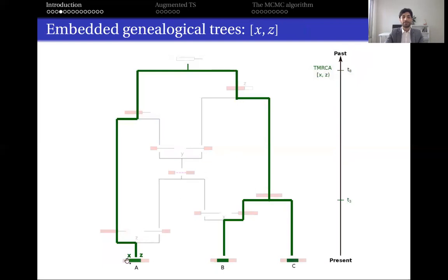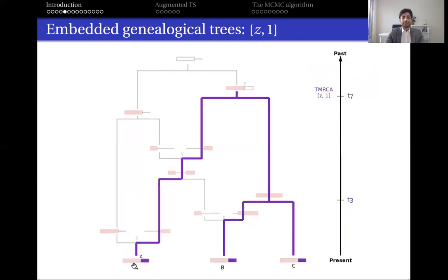For example, this is the tree for segment X to Z that says B and C first coalesce at T3, and then they find their MRCA at T8 again. And lastly, for the last segment from Z to 1, the topology is the same as the second tree, but the TMRCA is different, and it's T7.